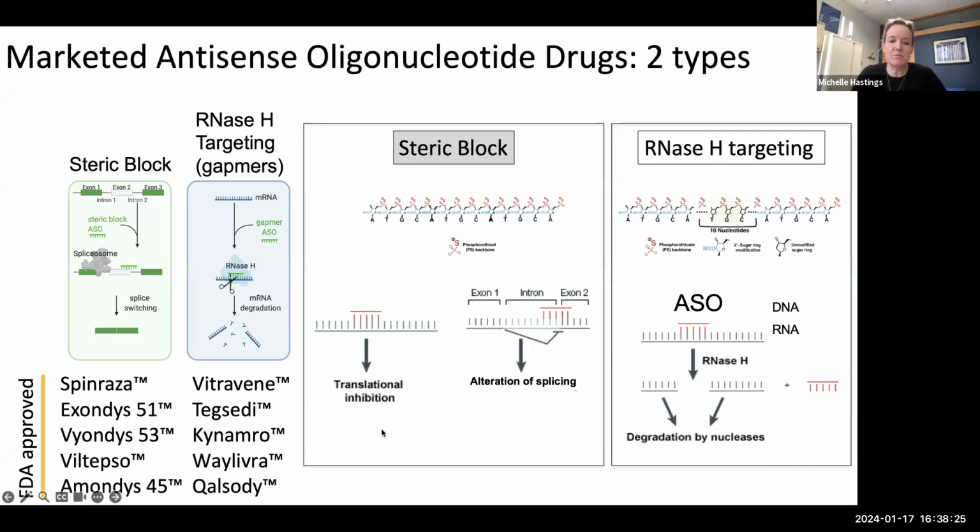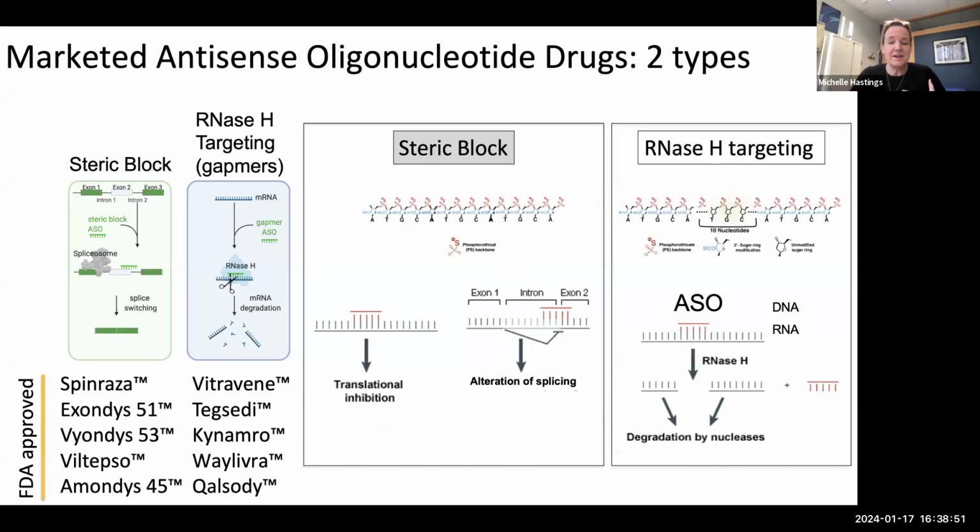And this can lead to a number of different effects depending on where you target them to. RNase H targeting are similar in the wings to a steric blocking, but then they have a center core of about 10 nucleotides that are unmodified in their sugar ring, and this makes them more DNA-like. And then when they base pair to RNA, they're degraded by RNase H. So it's really a way to downregulate gene expression.